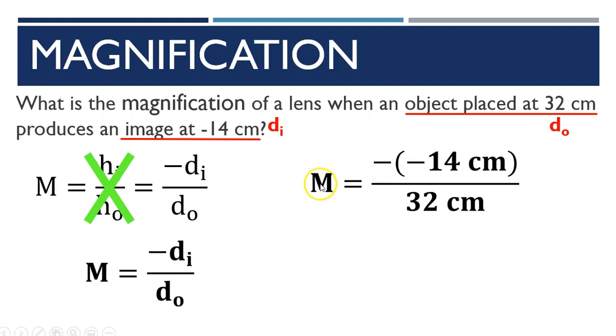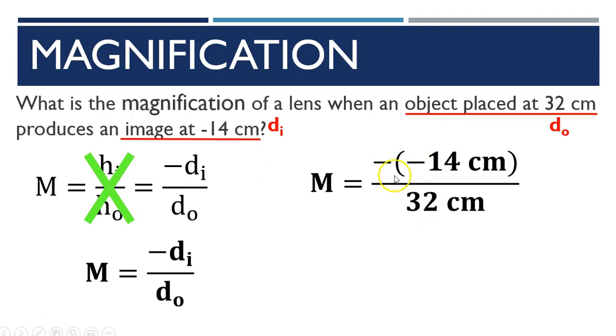A magnification, or M, is equal to negative of negative 14 centimeters. This is very important. Always include the negative on your DI. If you've already got a negative DI, then you're switching the sign. If you've got a positive DI, you're still switching the sign.